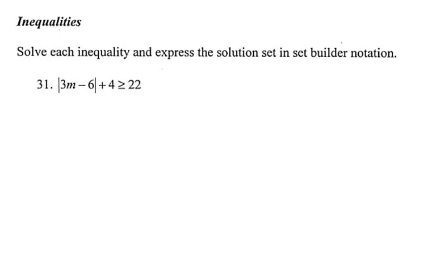All right, when you isolate the absolute value by itself, we're going to subtract 4 from both sides. Now, as you subtract 4, we get to realize that absolute value of 3m minus 6 must be greater than or equal to 18.